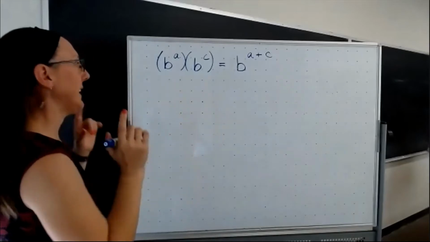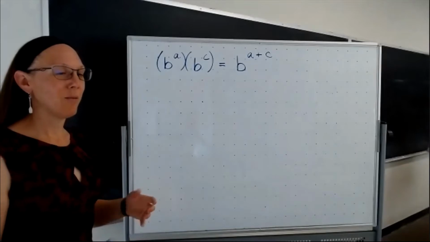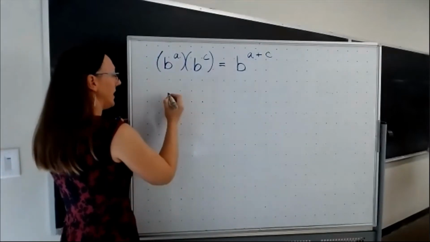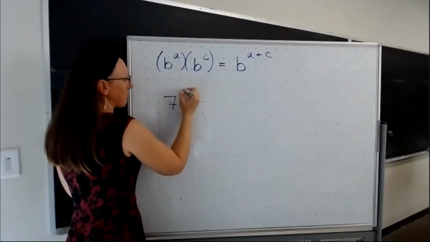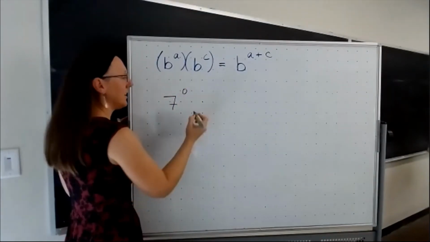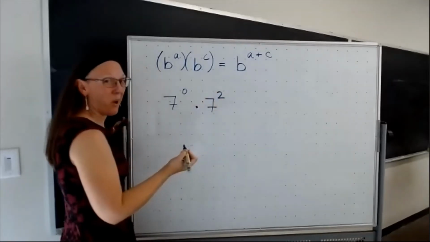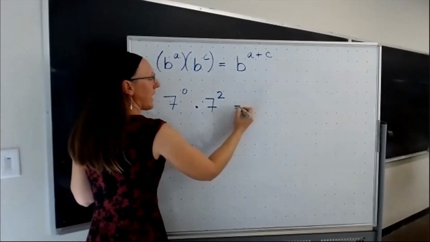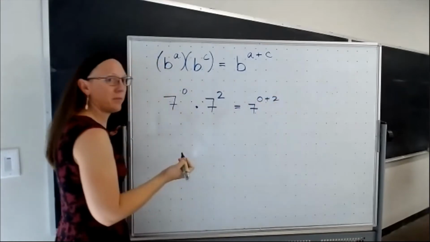Well, if that's what our additive law of exponents says, then if I wrote, let's say, 7 raised to the 0 power times 7 raised to the 2nd power, well, the additive law of exponents means this would have to be equal to 7 raised to the 0 plus 2.